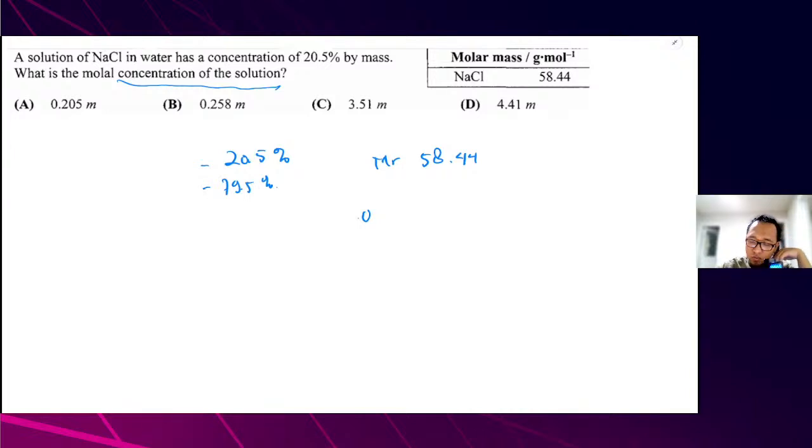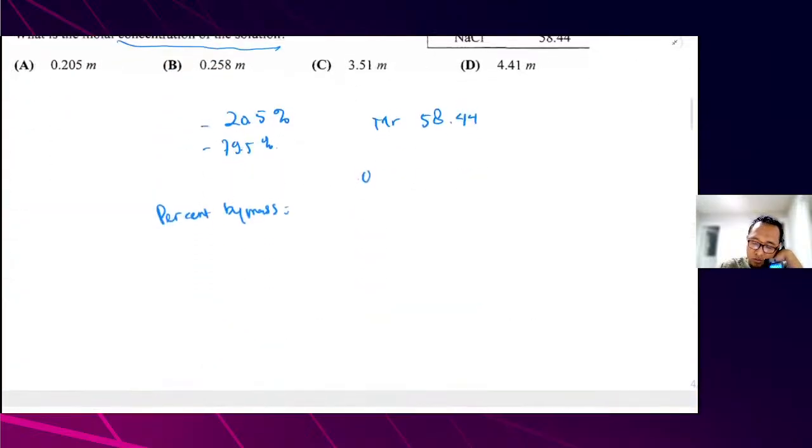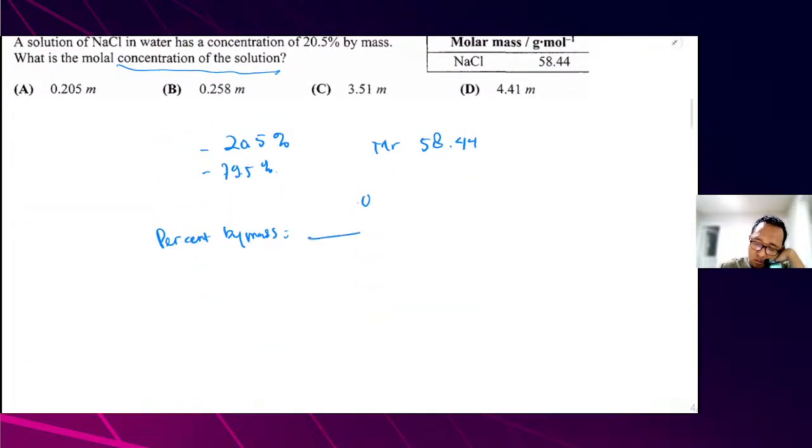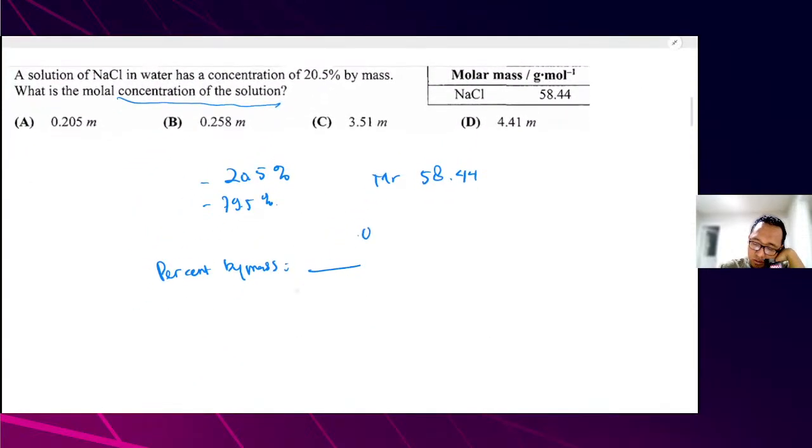Okay, so you can see the percent by mass. This is the theoretical mass of one component. The total is 100.